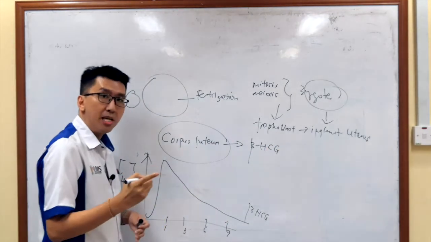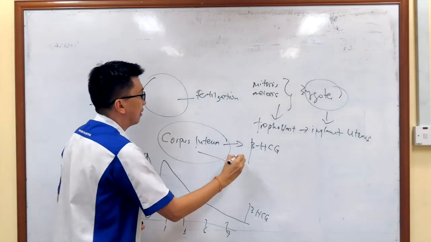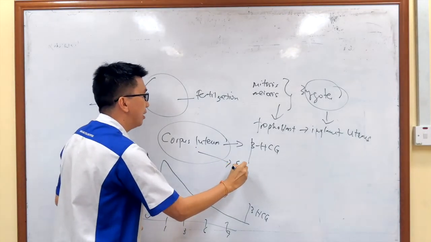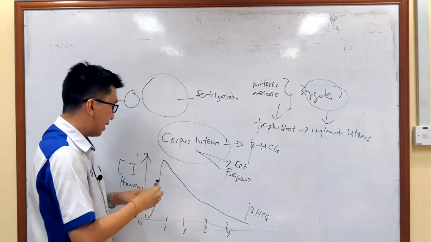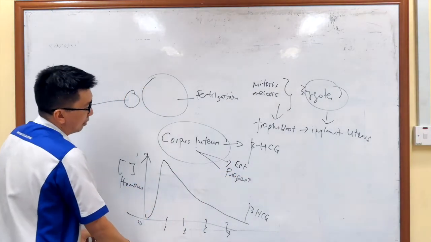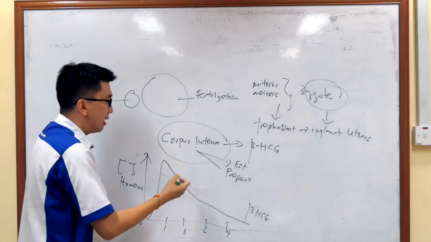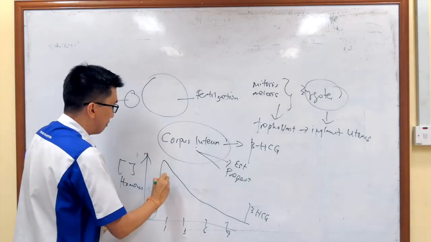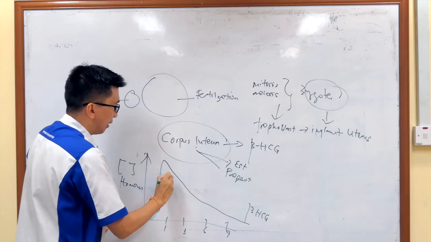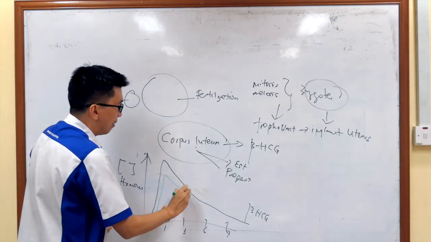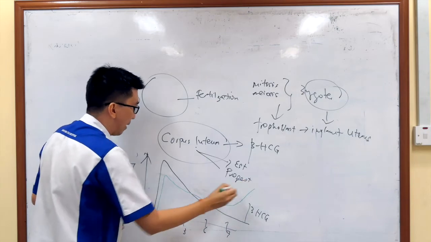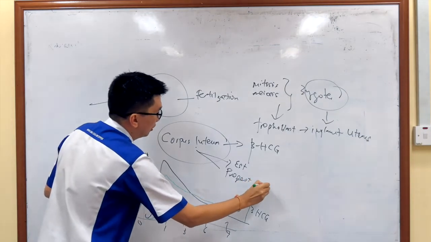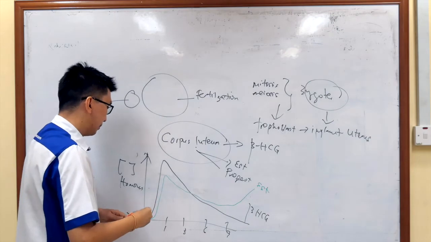The corpus luteum will also secrete minimal amounts of estrogen and progesterone. This also maintains the pregnancy, but not as much. When you go up towards term, you will have a spike in the estrogen level.